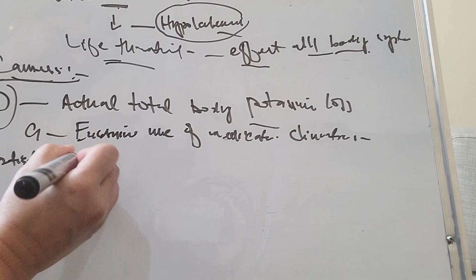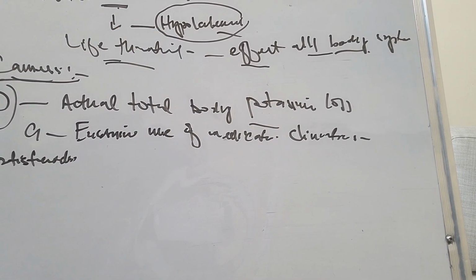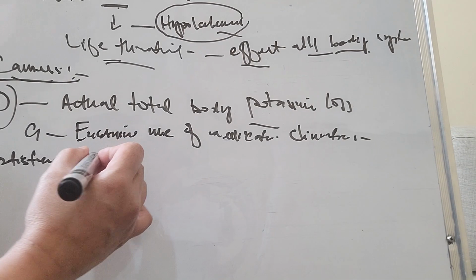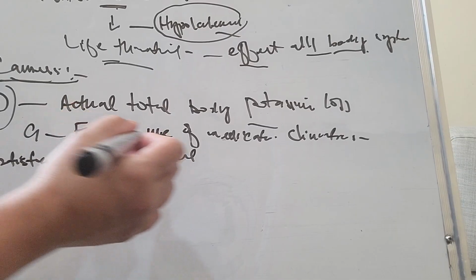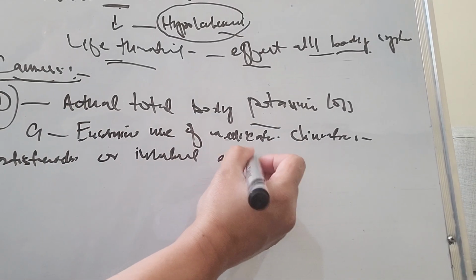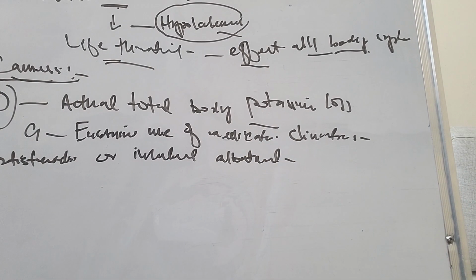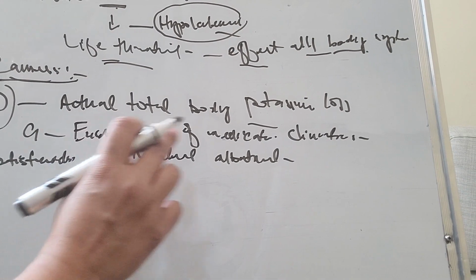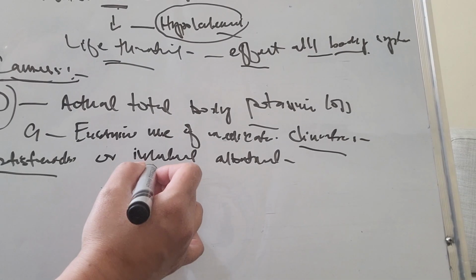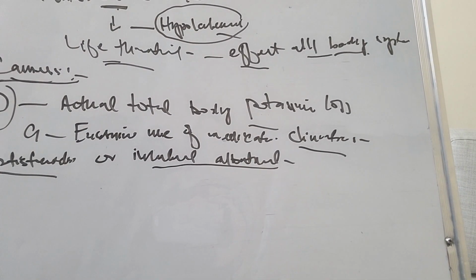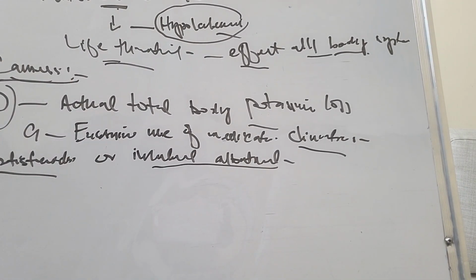If the patient is using too many steroids, diuretics, or inhaled albuterol, which we use for asthma patients. So excessive use of diuretics, corticosteroids, and inhaled albuterol is a cause of hypokalemia.